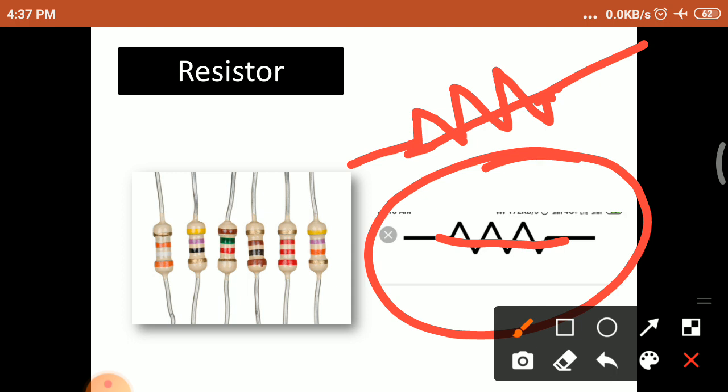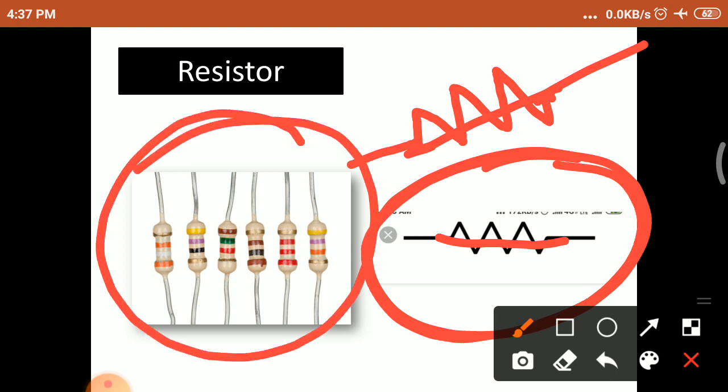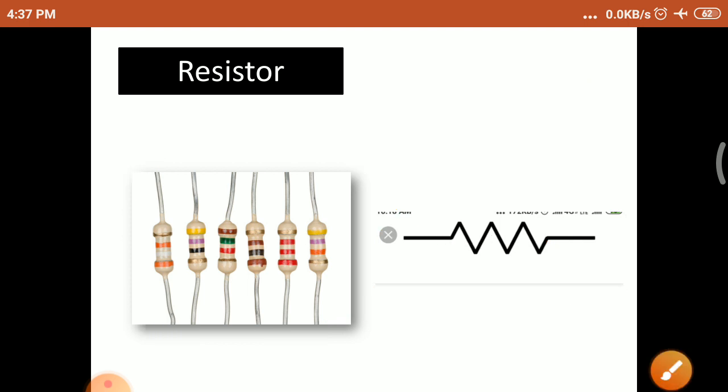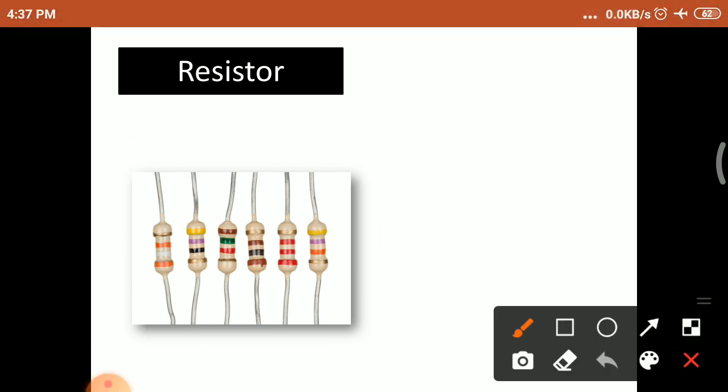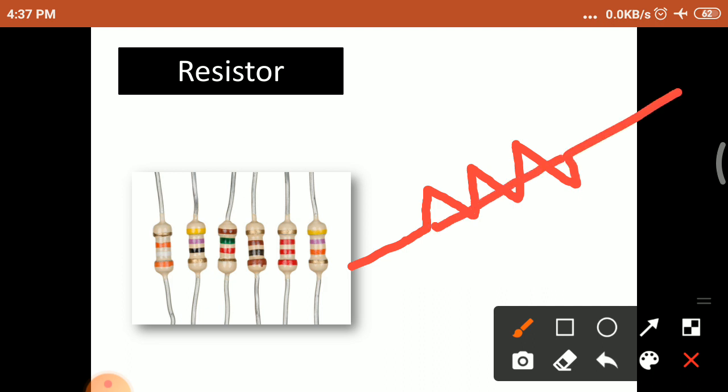So this is a symbol of resistor and this is a component of resistor. So when you are drawing the resistor, first a straight line, then these two are in a straight line.